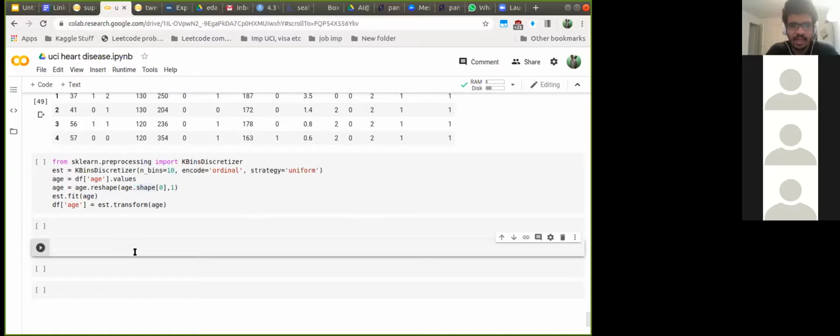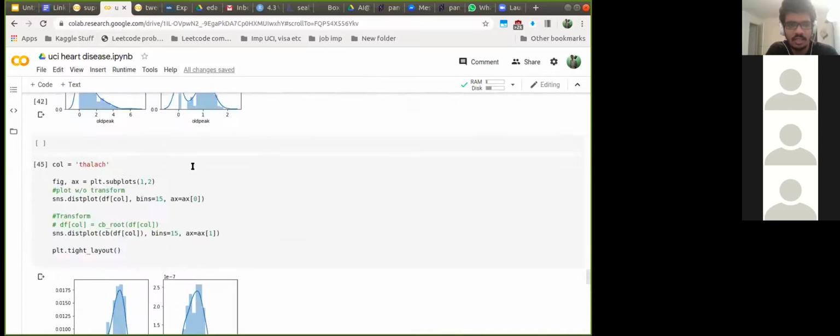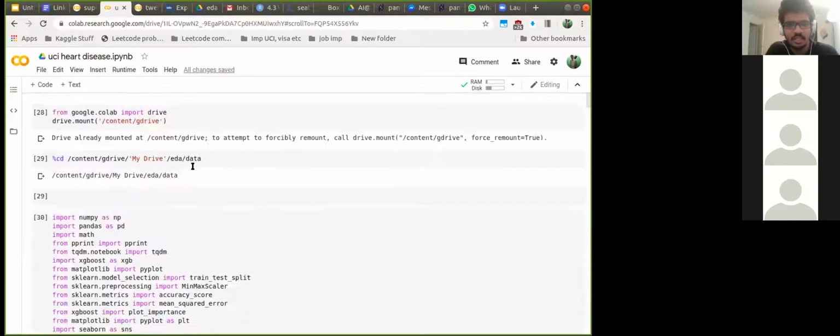I did try to get accuracy, and I was able to get roughly 83% classification accuracy, I think. So you could probably try to get more than that, and feature engineering is there to help. So yeah, this was the workshop on EDA and feature engineering.